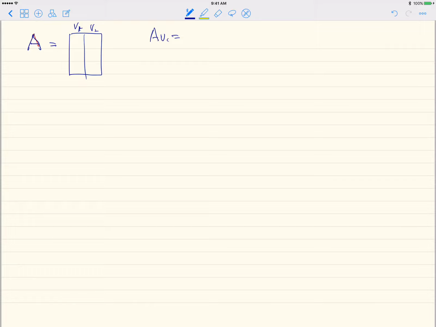So v1 satisfies this, and in this case lambda 1 was 2, so A v1 equals 2 v1. And A v2 equals lambda 2 v2, and lambda 2 was, for example, -1. Okay, let's make it 3.